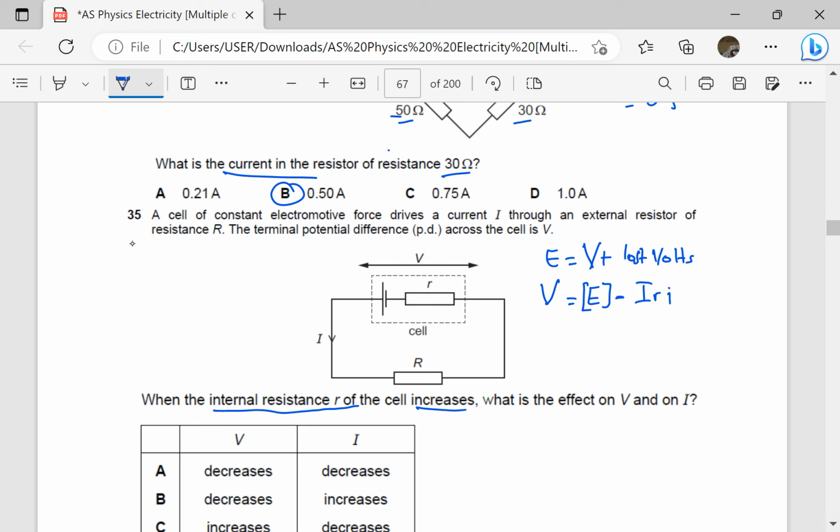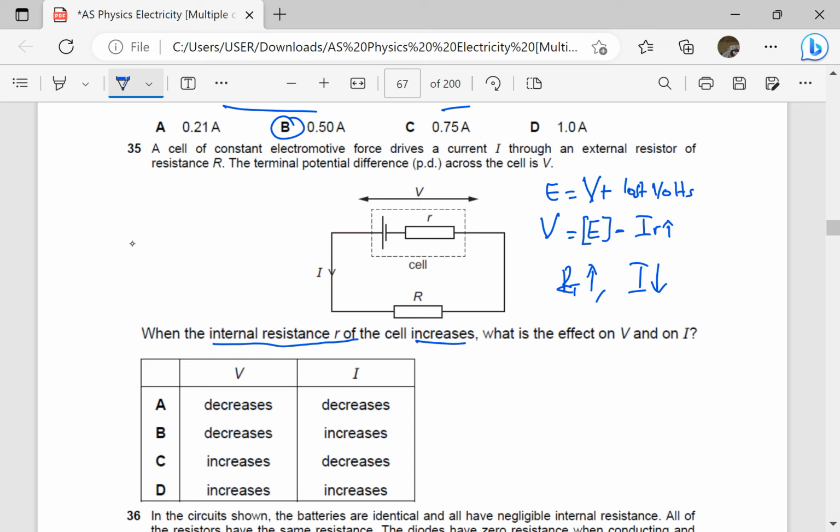So if internal resistance increases, automatically total current decreases, because the e.m.f. is not going to change. Total resistance in the circuit increases. So I will say R total increases, which prompts the current to decrease. Because the total resistance of the circuit increases, so total current in the circuit decreases. So I must decrease. So we eliminate C, we eliminate B and D.